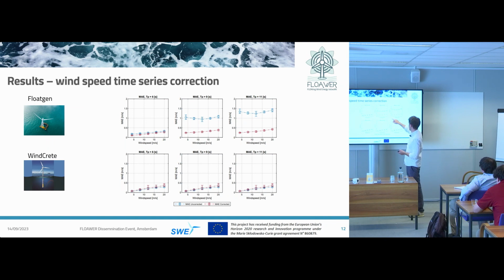And with application of this frequency filter, so the red line is again the corrected values, we are quite good with compensating for this effect. For the Windcrete, as I said, it does not really make sense, and this is also shown here in the error plots. In fact, we are increasing the error with applying a filter there, because we basically filter out relevant parts of the frequency spectrum of the wind itself. So that does not apply here.